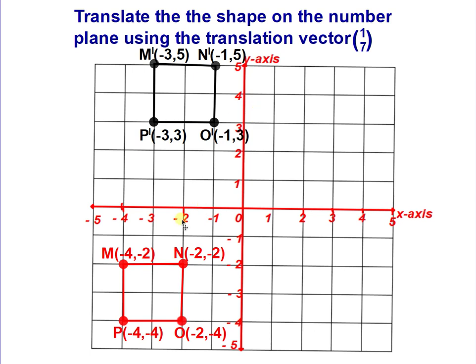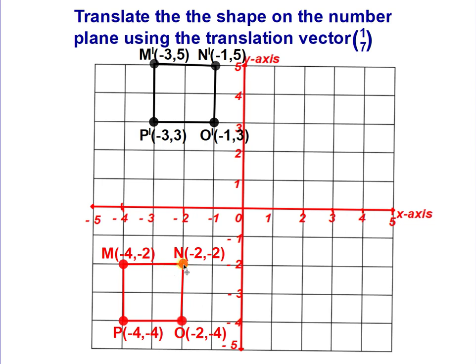So from this point, you move 1 to the east, then you start to move 7 up. So we move 1, 2, 3, 4, 5, 6, and 7. We are getting our M prime, which is the image of point M.